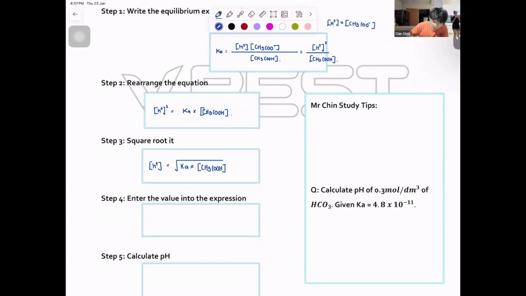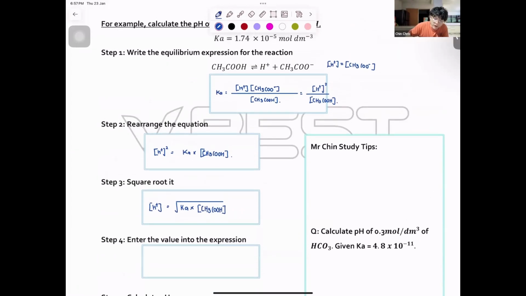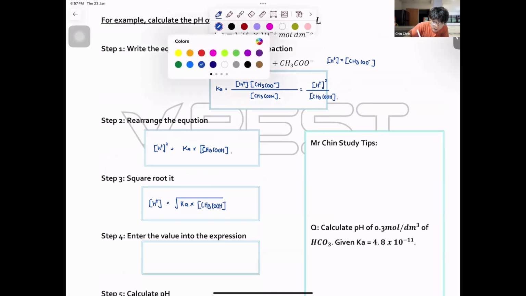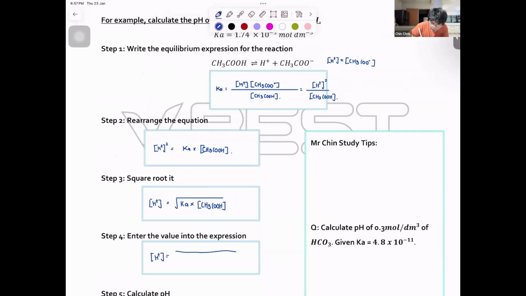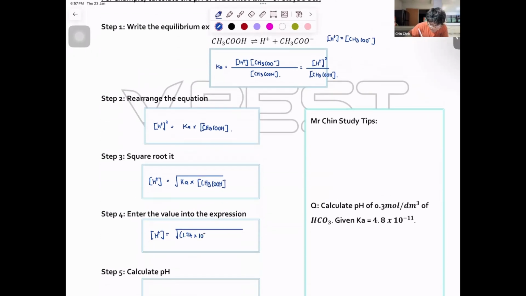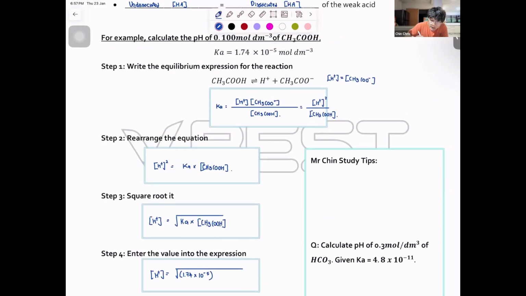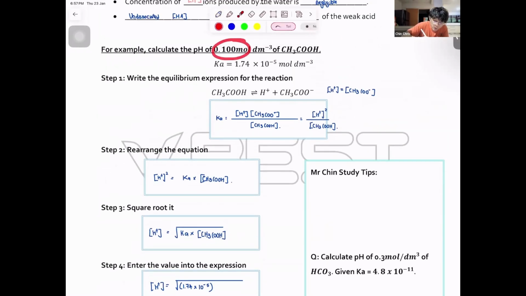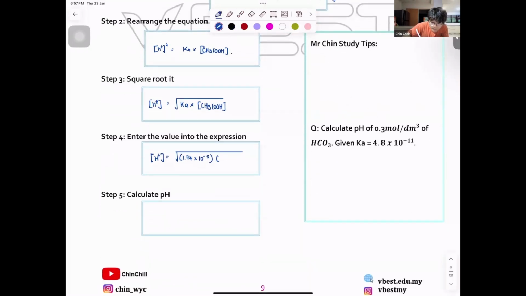And the final step, put in the value, calculate pH, right? Square root of my Ka, which is 1.74 times 10 to the power of -5, and the concentration of your acid is just 0.1, right? Correct.